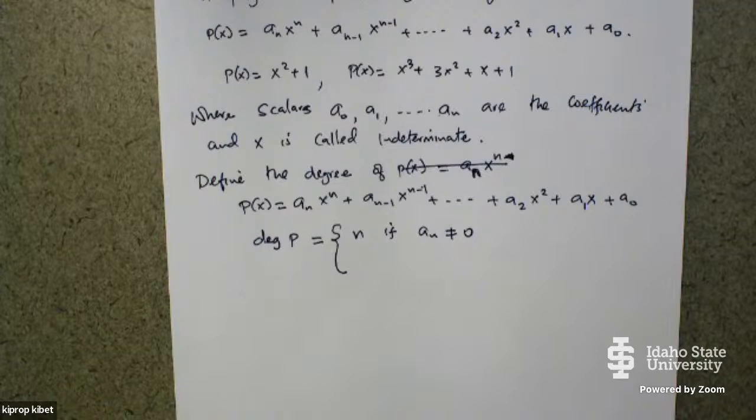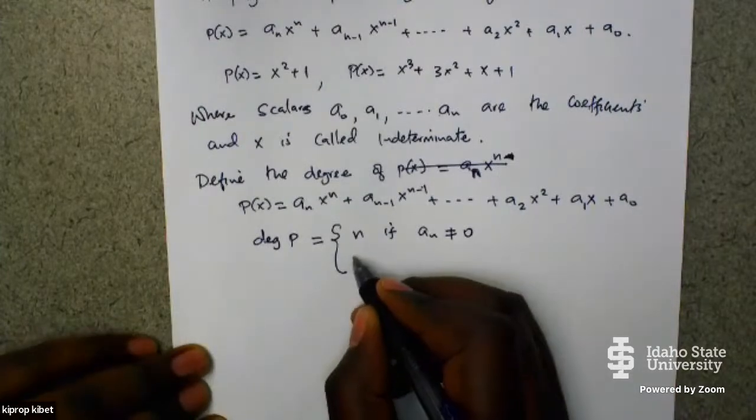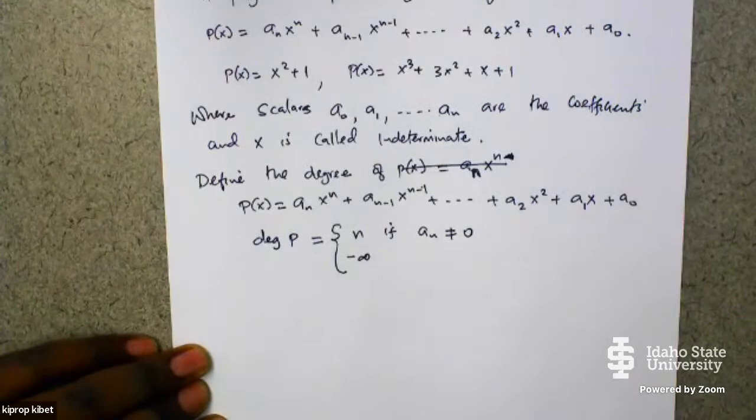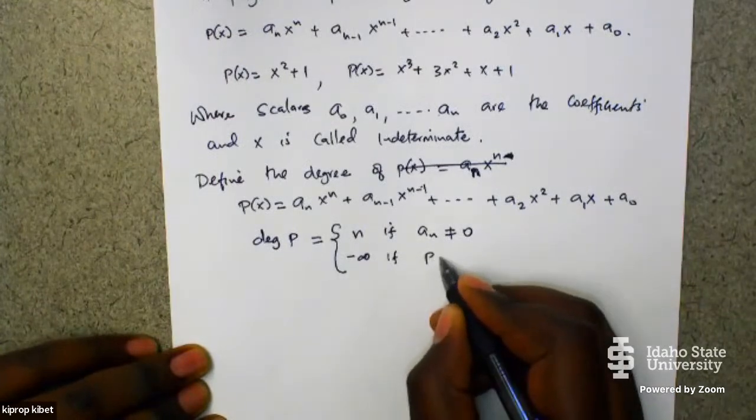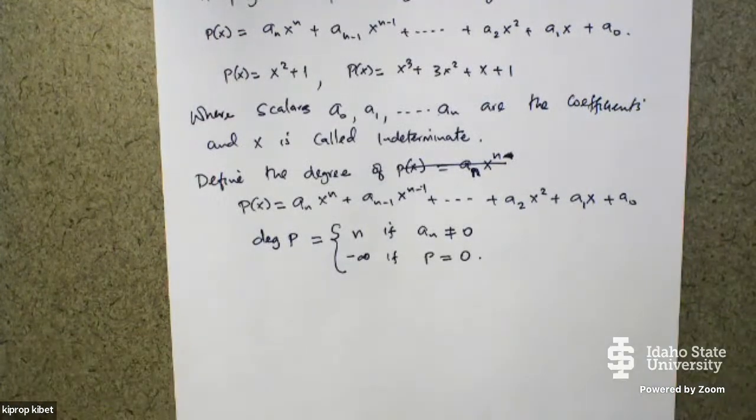So the highest power of this is n, and the degree of the earlier example is 3. Now when p is 0, the degree is negative infinity.